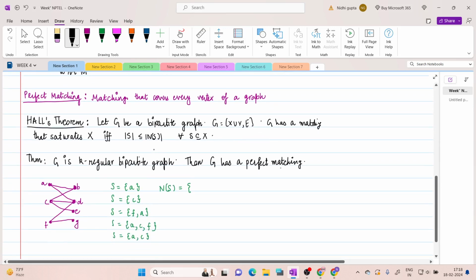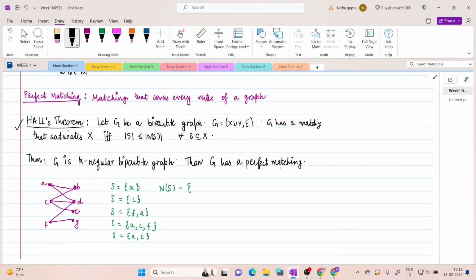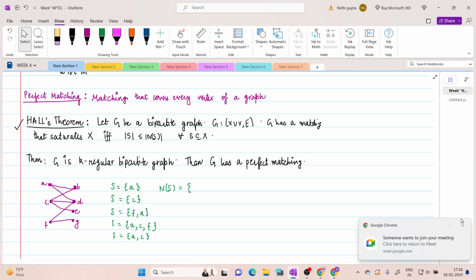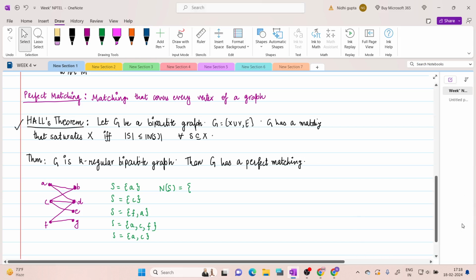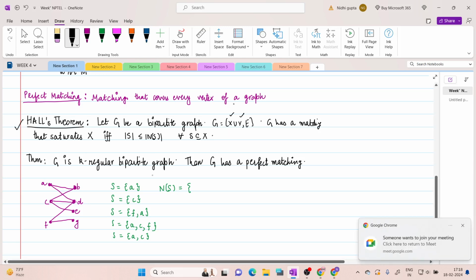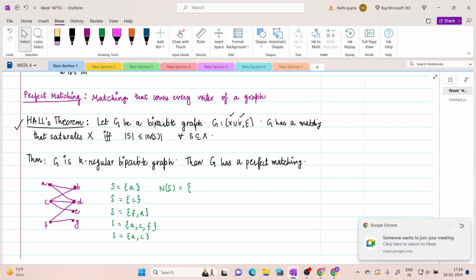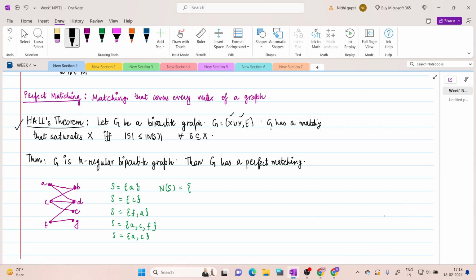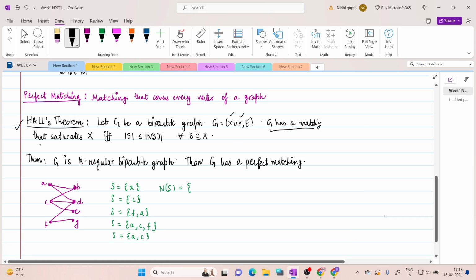Then we did Hall's theorem. Hall's theorem gives us a nice condition for a bipartite graph to have a perfect matching or not. It is a more general result, in the sense that if we are given a bipartite graph, then it will have two bipartitions, X and Y. Then this theorem is giving us a necessary and sufficient condition for a graph to have a matching which saturates X or Y. So what do we mean by G has a matching that saturates X?